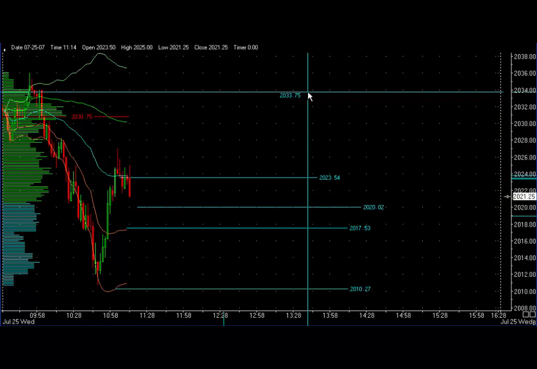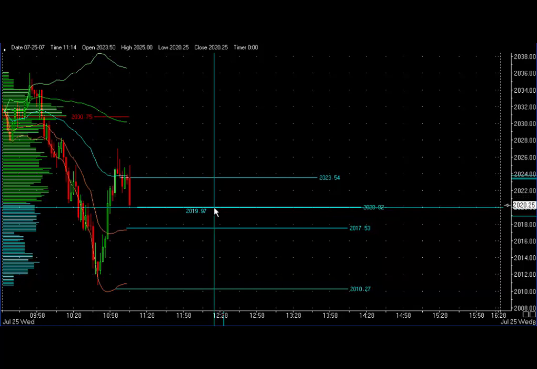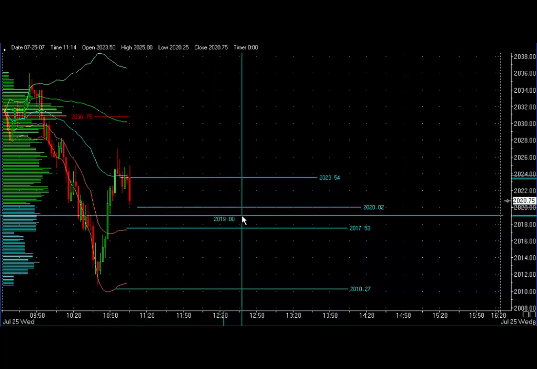Actually, the break-even is 1 tick above that. So, if we can get out at 2020, we'll have a 1 tick profit on 1 contract. And we're at 2020 and a quarter, 2020.50. Let's see if this will move down to 2020.